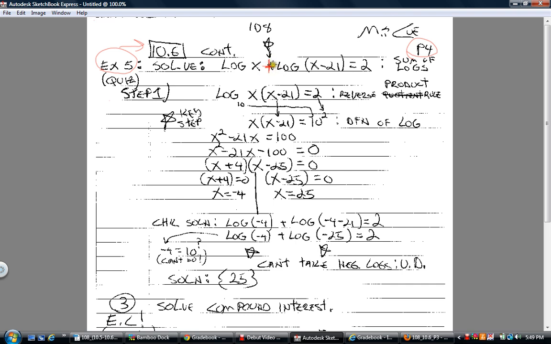And this time with your log rules, you're going to do what I call the reverse product rule. The reverse product rule says that when you have addition, you have the same base. The base happens to be 10. You don't have to write it in there, but that's what you're dealing with. You have addition, you can compress or condense it.